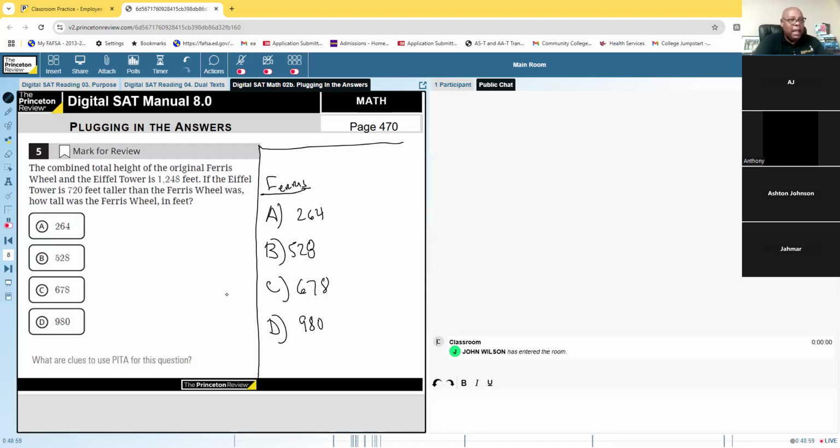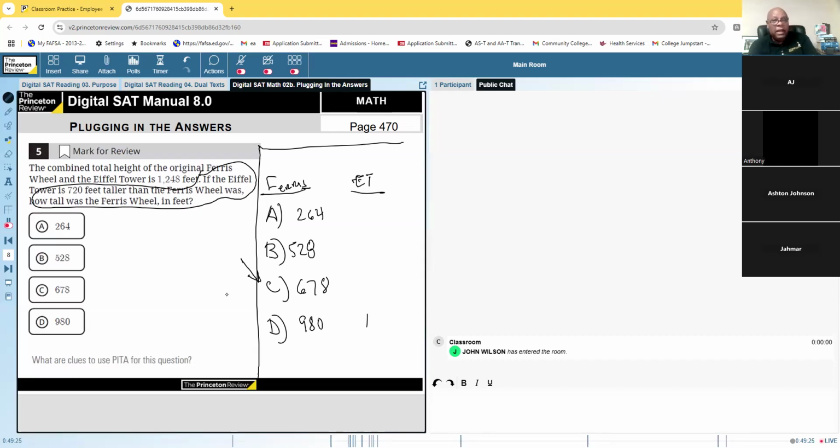Now, you know the combined height of both is 1,248 feet. So it looks like we're going to need a column for the Eiffel Tower, ET. They're not listed here, but the instructions, I think, will help us, right? All right, if we start with C, who can tell me what the Eiffel Tower height is?